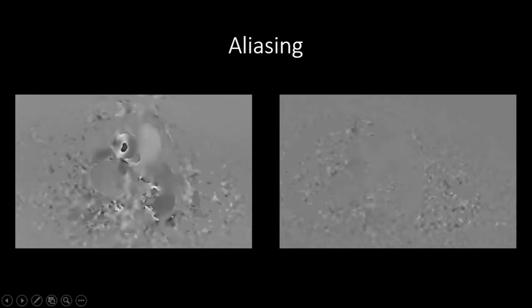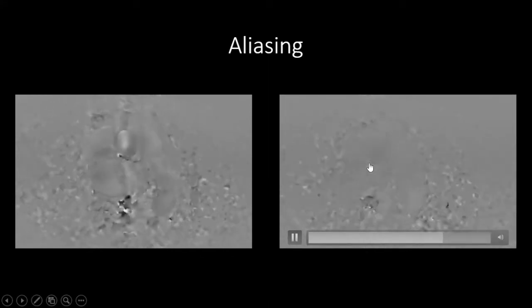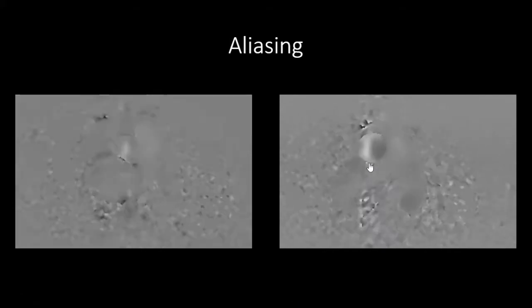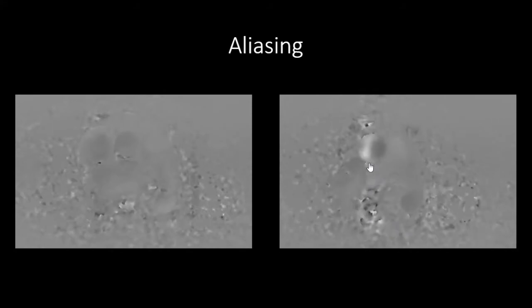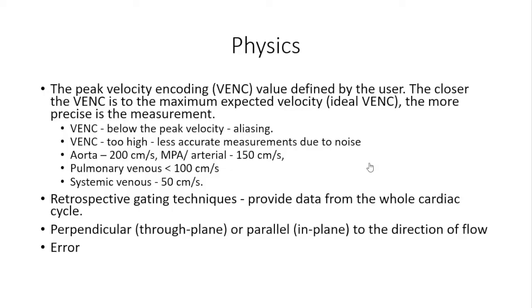In such cases, we need to increase the VENC and we obtain a phase contrast sequence without aliasing, which can then be used for measurements, which gives accurate results. If the VENC is too high, it also gives less accurate measurements due to noise.